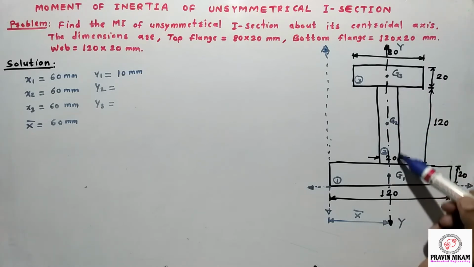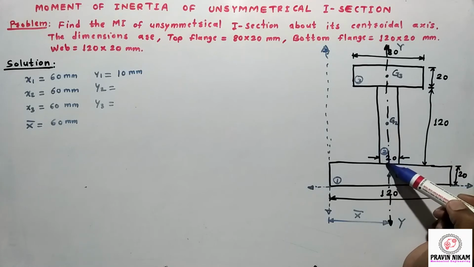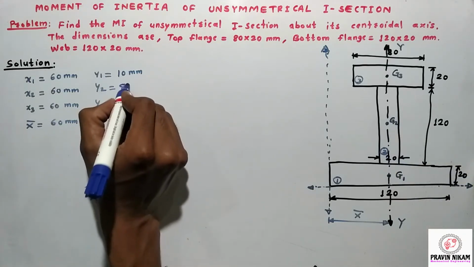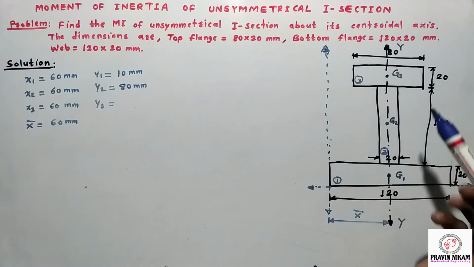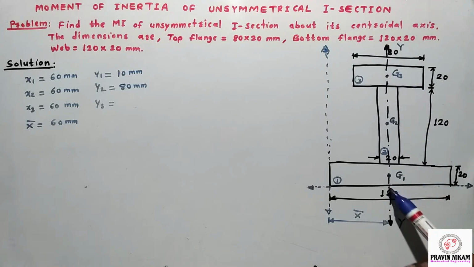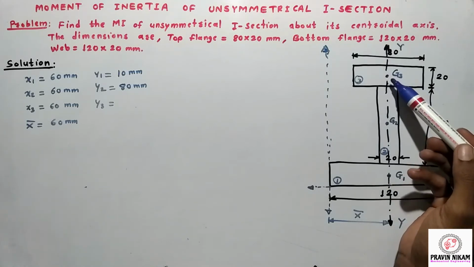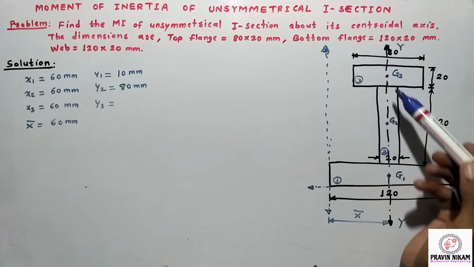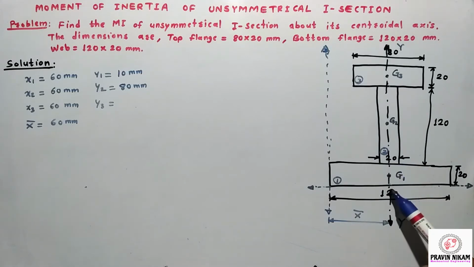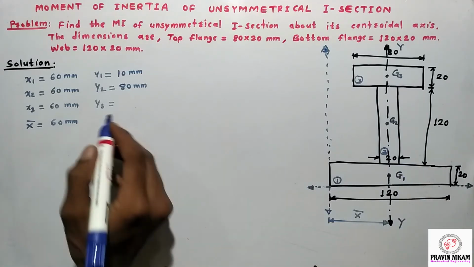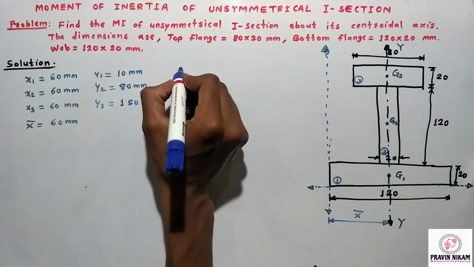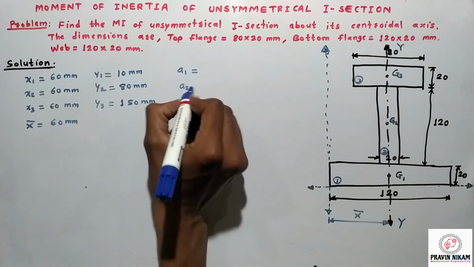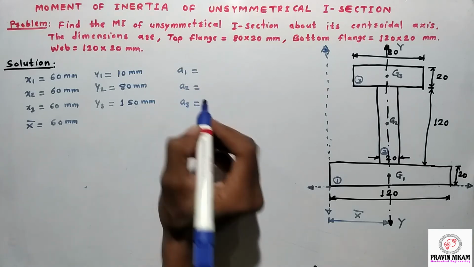This total is 120, so half is 60, plus this 20, so 60 plus 20, 80 mm. Now y3 means the distance of G3 from the bottom. So this is 10 plus 120, 130, plus 20, 150 mm. Now area A1, A2 and A3.